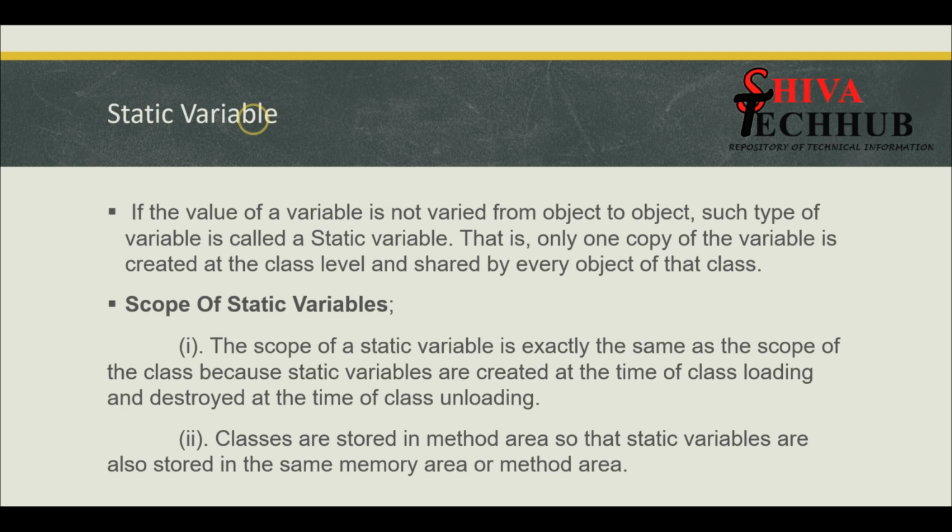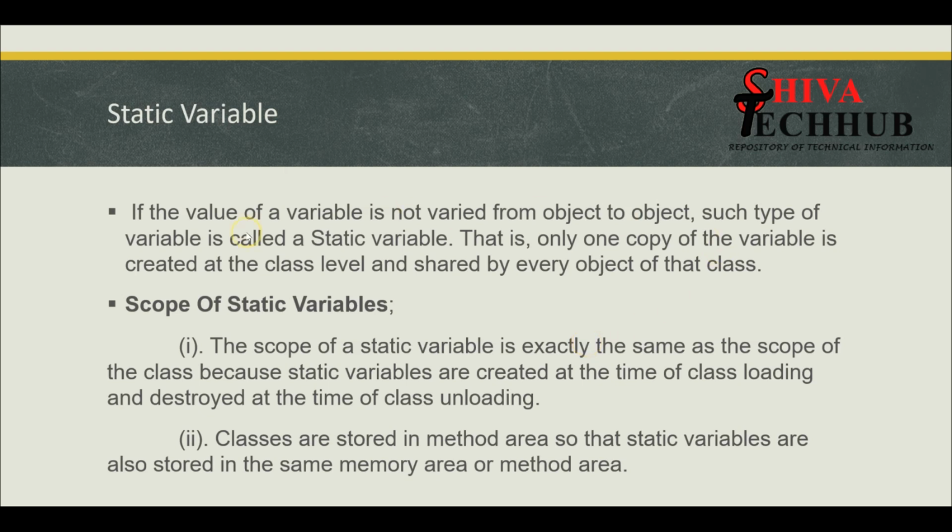But whenever you are defining a static variable, it is also defined within the class, but the difference is directly by using the class name, you can access that variable. We need not create a separate object that takes a separate memory location, which is a wastage, right? So whenever we declare a static variable, directly by using class name dot variable name, we can access the content present in that variable.